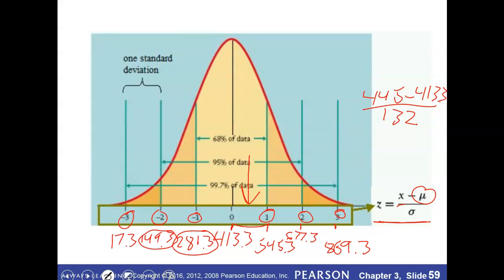I'm going to take out my calculator: 445 minus 413.3, divided by 132. That gives me an answer of 0.24. That means a hole that's 445 yards would have a z-score of 0.24, which means it's 0.24 standard deviations above the mean.